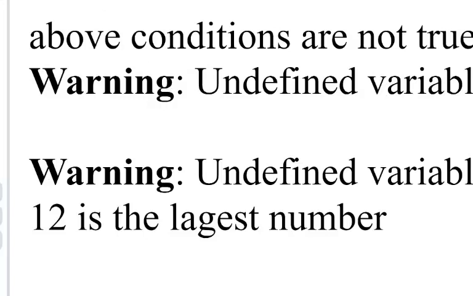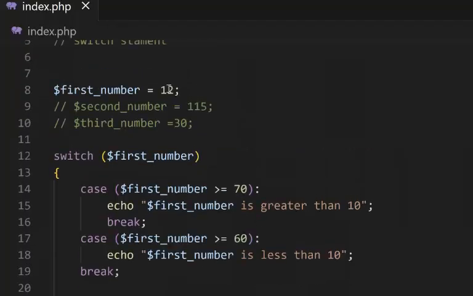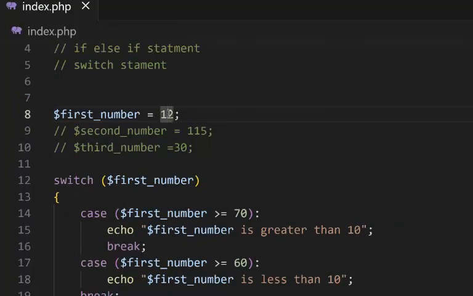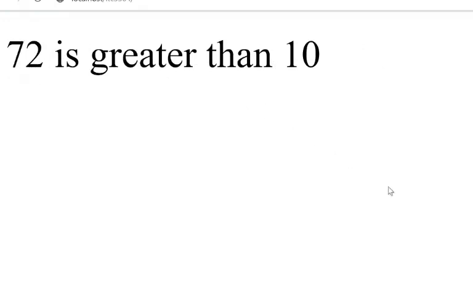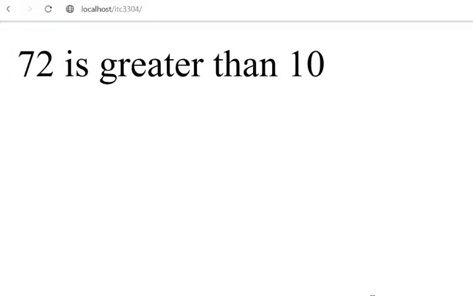So we go there and rerun again. Our conditions are not true. But if we increase the value for first number, let's say 72, it will display first number is greater than 10. It will display 72 is greater than 10.